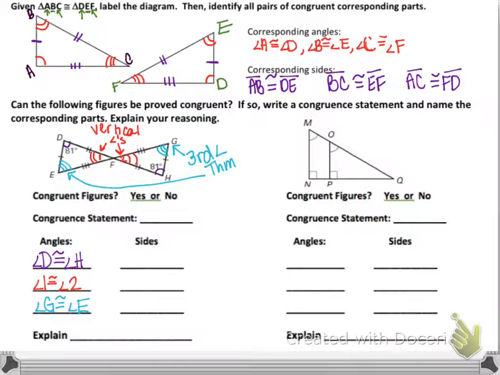Fantastic. So now the sides. It showed me right here that DE and GH were congruent. So DE is congruent to GH.